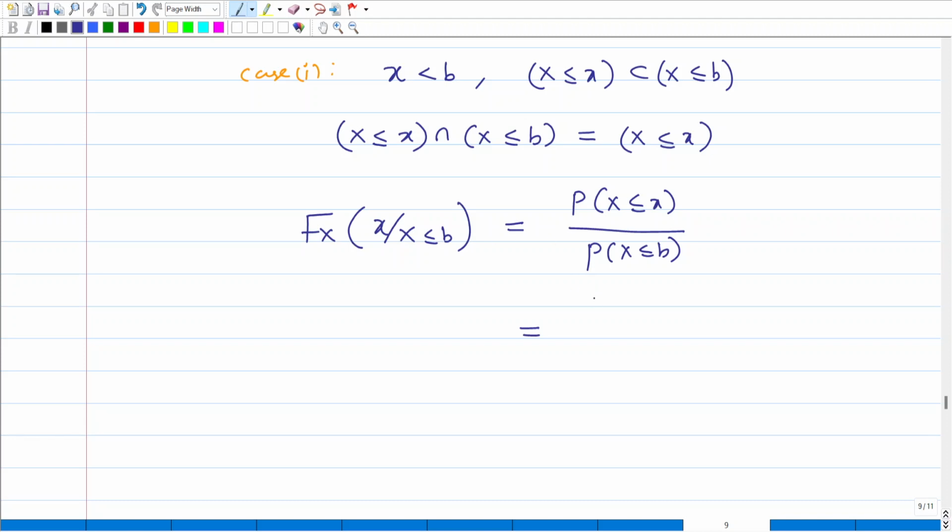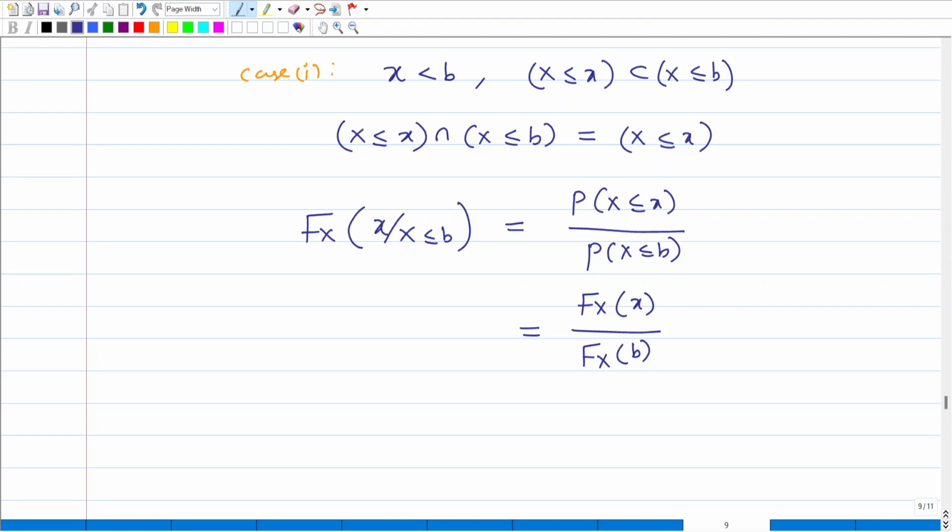So we can write the numerator as CDF up to small x, and the denominator is also CDF of the random variable x, up to b. This is the conditional distribution function for the first way of defining conditional event b.